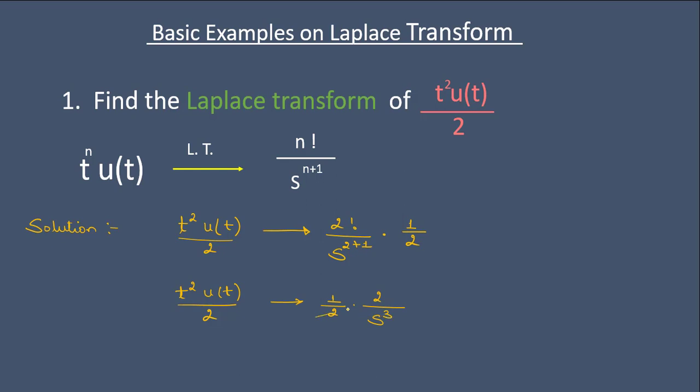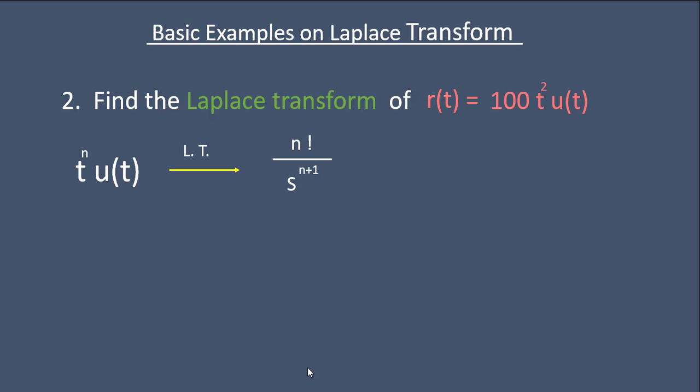So I can cancel this 2 and this 2. The final answer is that the Laplace transform of t square u of t upon 2 is 1 upon s cube. This was the basic example on finding the Laplace transform of a parabolic signal.